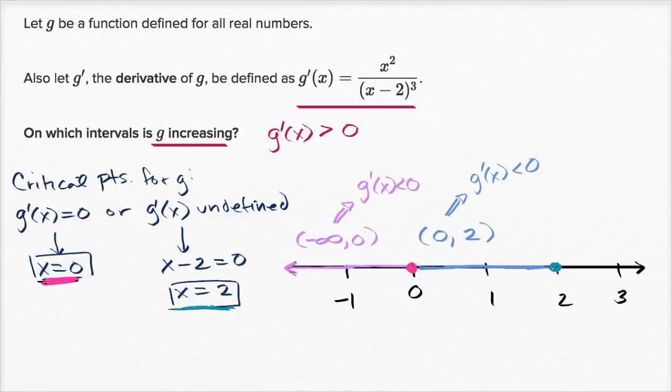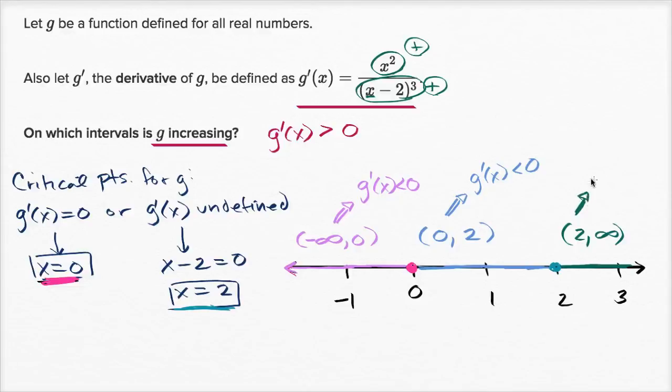And then let's take the interval from 2 to infinity. Well, the numerator is positive. It's always going to be positive for any x not being equal to 0. And in this denominator, you're taking values greater than 2, subtracting 2 from it, which is going to give you a positive value. You take the third power, it is all going to be positive.